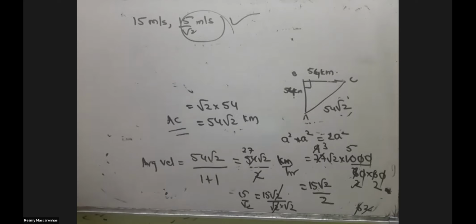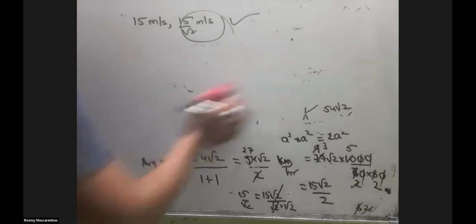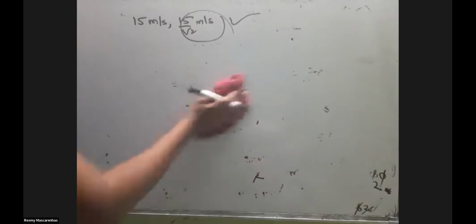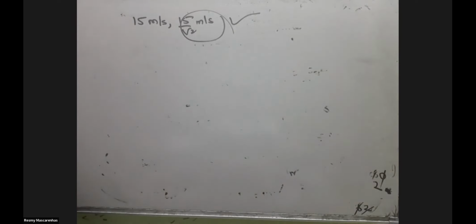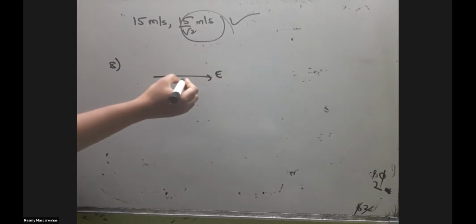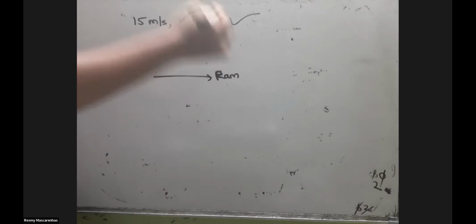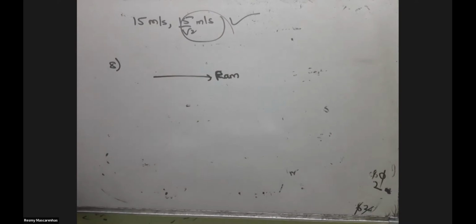So what they're saying is, Ram is moving in the east direction. This is Ram. And Sham is moving, this is with reference to north.